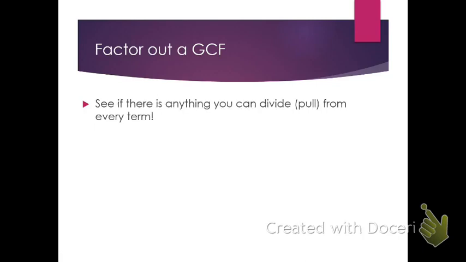Now there's lots of different types of factoring, and the first type that we're going to look at is called factoring out a GCF, or factoring out the greatest common factor. What you'll do is look at all the terms. There might be 2, 3, 4 terms, but you'll find the greatest common factor of each of the terms, and then you will pull that out like a division problem. It's basically the opposite of distributing.